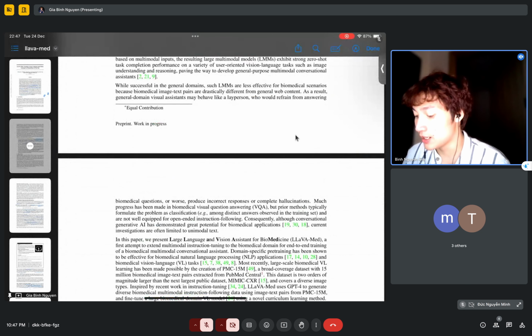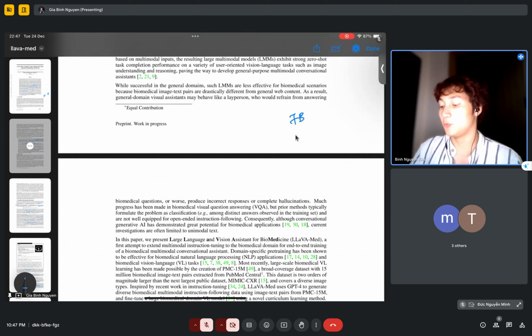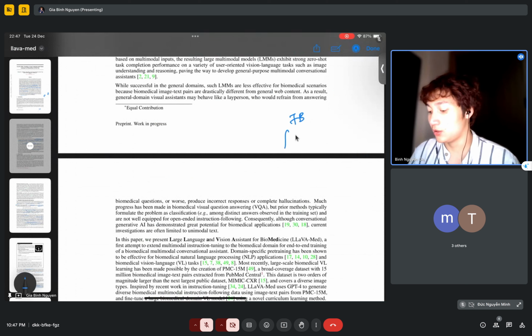For example, it has 7 billion parameters, and if we train or infer in FP32, then we need 4 bytes per parameter.